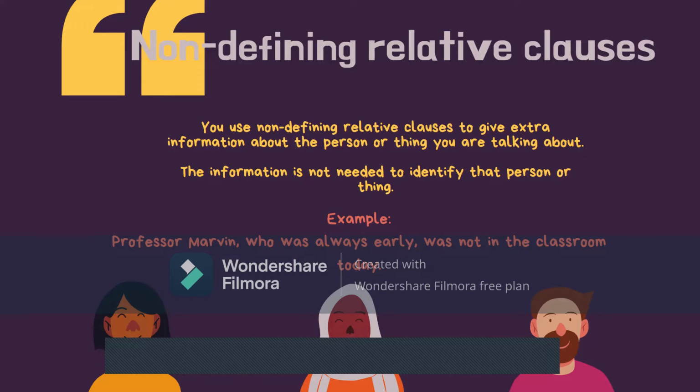So as we can see, the relative clause here was who was always early, and we used a comma after the subject, which was Professor Marvin, and then the non-defining relative clause who was, and then we use the extra information that we wanted to give, that he was not in the classroom today.